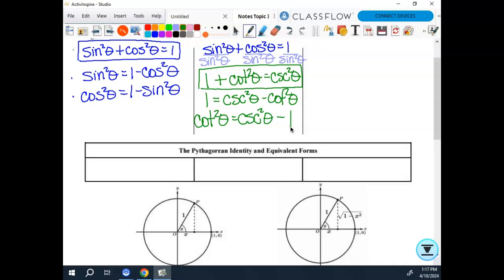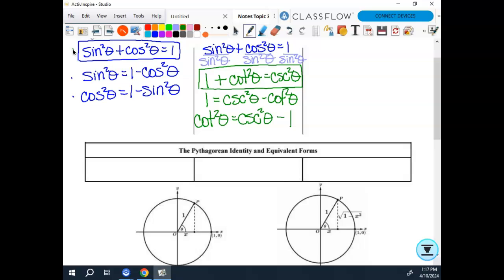But it all comes from this. That's why if you know where it comes from and how to develop it, you don't have to have a sheet of stuff memorized in your brain. You can create it along the way. Okay? We all okay with that?